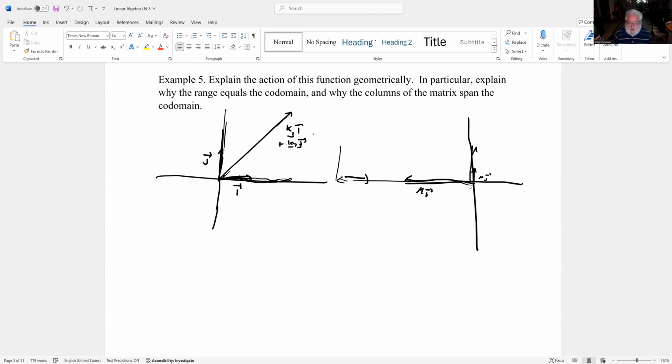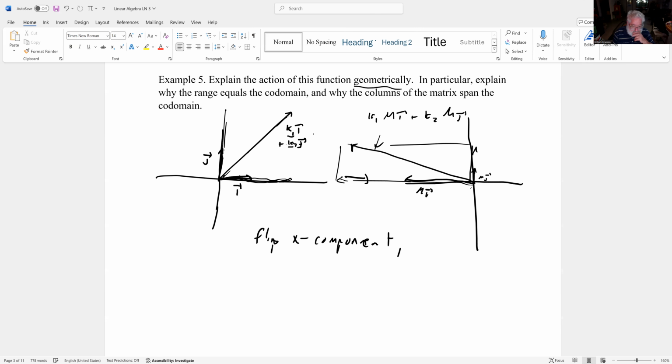And so what's our resulting vector? Is this, which is k1, same coefficients, mi plus k2 mj. So geometrically, what's going on? You take any vector, you flip its x component over the y-axis and stretch by a factor of 3.